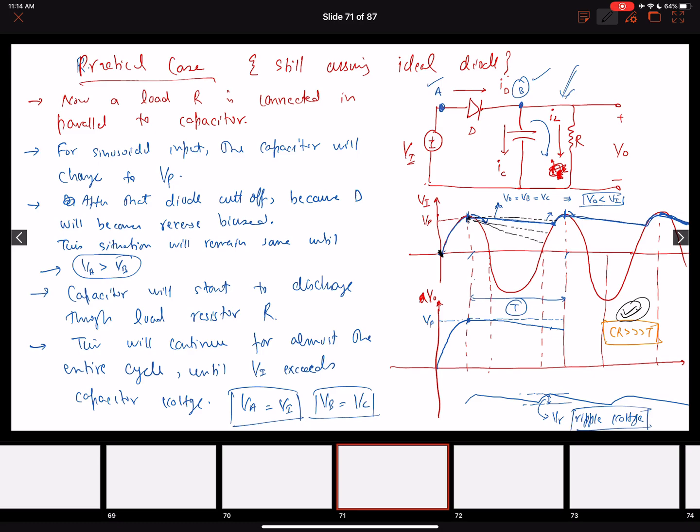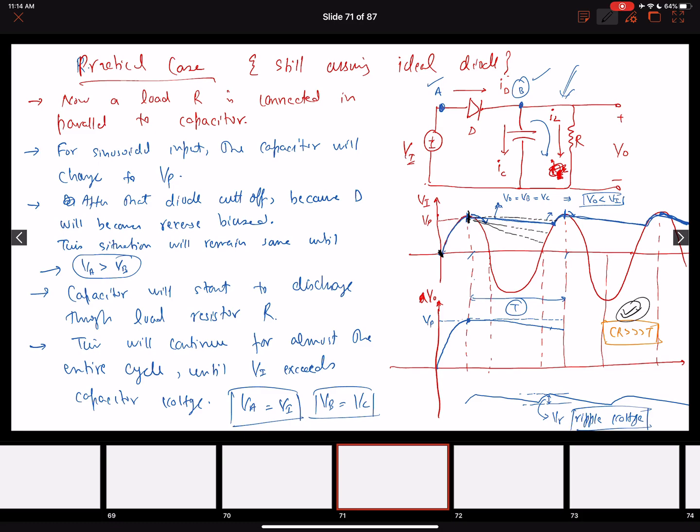It will get fully charged when our input voltage reaches its maximum. As soon as it starts to fall below that, the diode becomes reverse biased, open circuit, and our capacitor will start to discharge because there's a load connected to it.